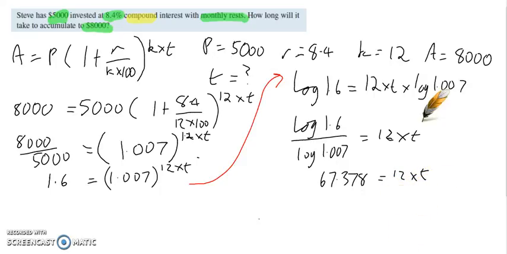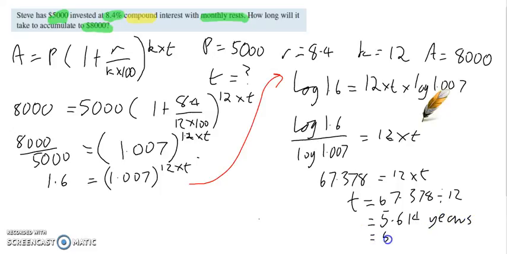So t is times by 12, so to get t by itself, we divide. 67.378 divided by 12. And we get 5.614 years. And that is 5 years. To convert the 0.614 into months, you need to times by 12 because there's 12 months in a year.